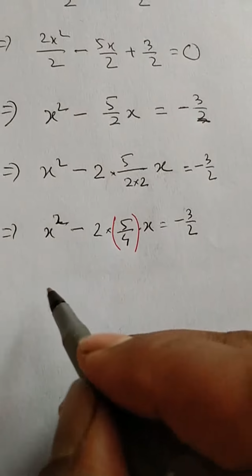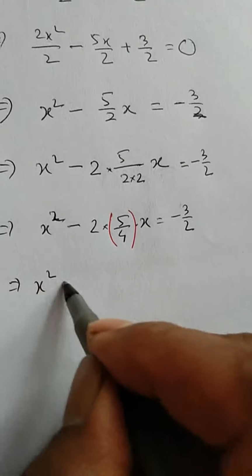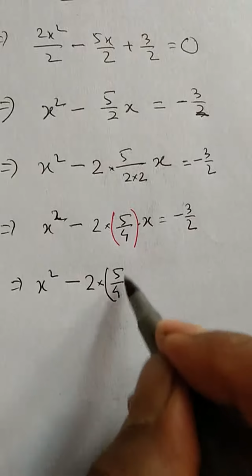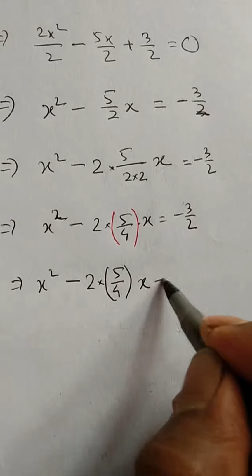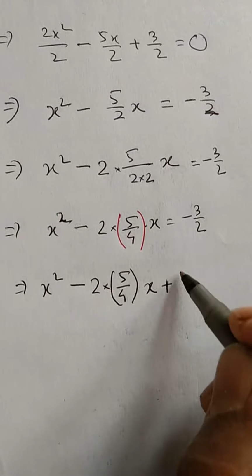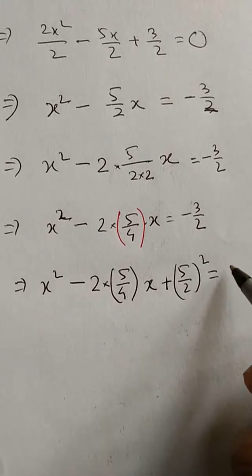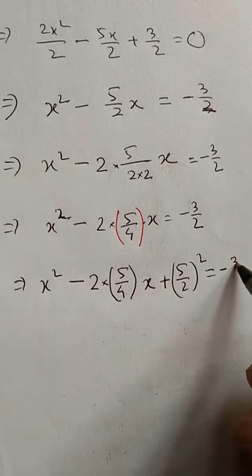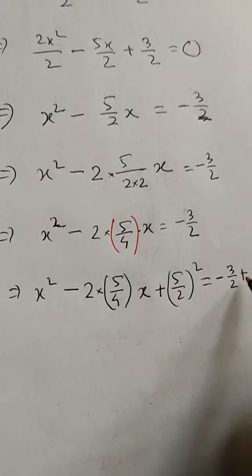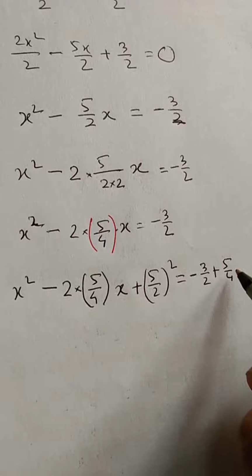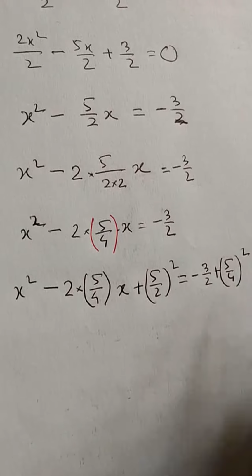So let us add this. x square minus 2 into 5 by 4 is there with x, so plus 5 by 4 whole square, and at the same time we will add 5 by 4 whole square on the right hand side also.